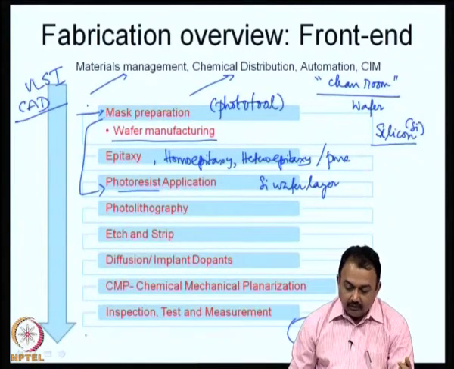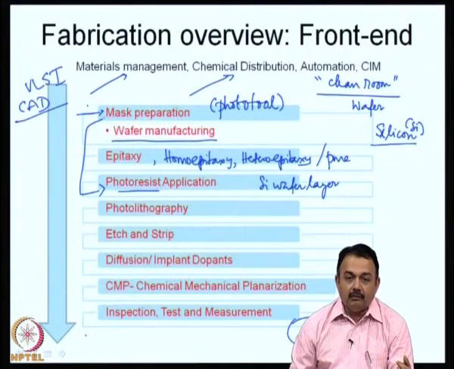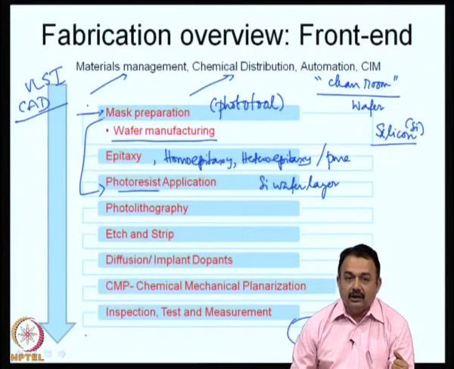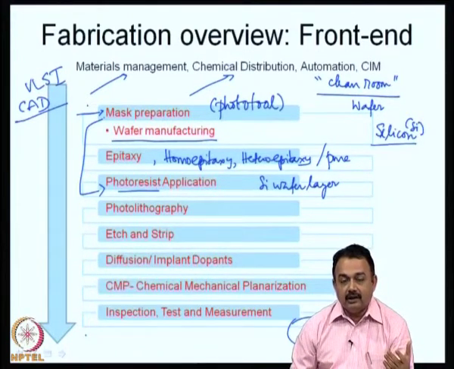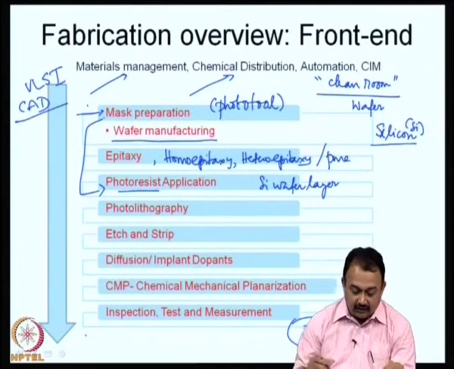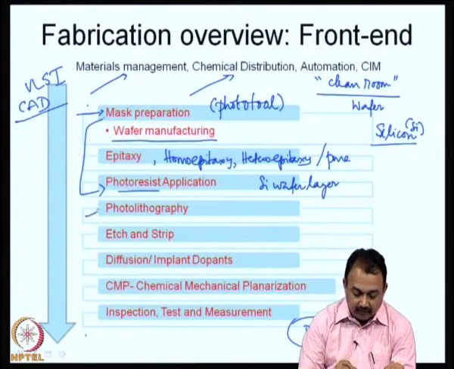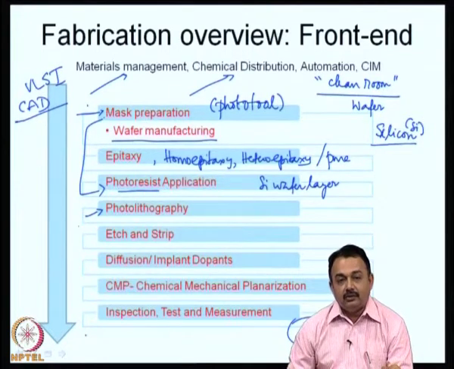Now, as you know, I talked about Moore's law much earlier, and the difficulties that we are experiencing nowadays to match the Moore's law predictions is probably because there is some limitation on the materials that are used in the photoresist, because the thickness has to reduce for lower line widths, and the imaging technology, which is the next step here, the photolithography, has to match the type of photoresist that we are using.